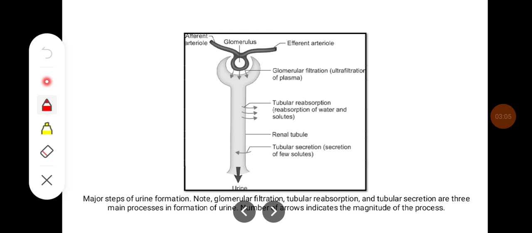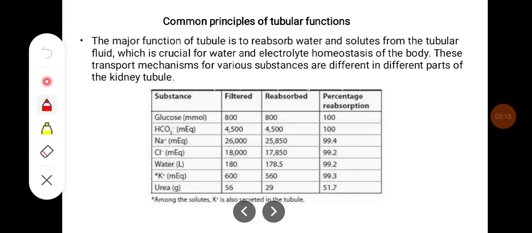So this diagram shows the three steps of urine formation: glomerular filtration, tubular reabsorption, and tubular secretion. The major function of the tubule is to reabsorb water and solutes from the tubular fluid, which is crucial for the water and electrolyte homeostasis of the body.